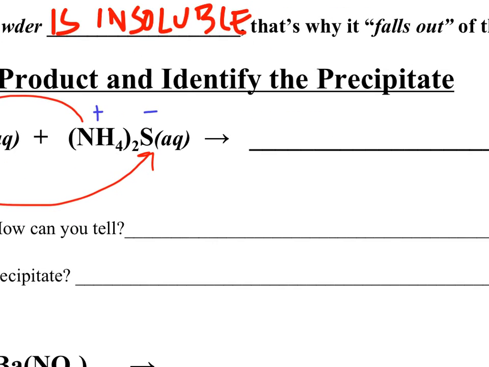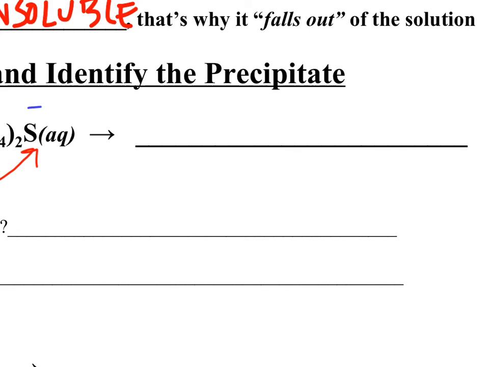Now I need to figure out, using the crisscross method, what the new compounds will be. I've got zinc bonding with sulfur, and ammonium bonding with nitrate. Nitrate has a -1 charge and ammonium has a +1 charge. When I crisscross the charges, I simply get NH4NO3, ammonium nitrate.